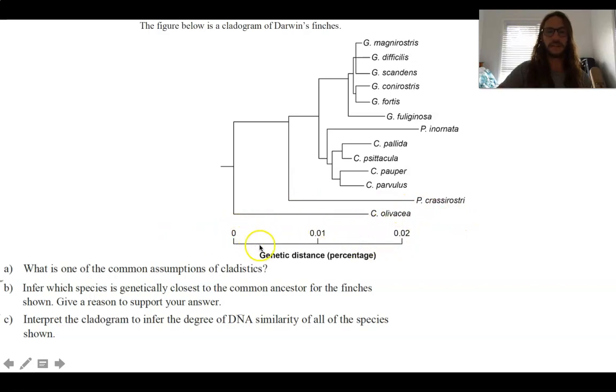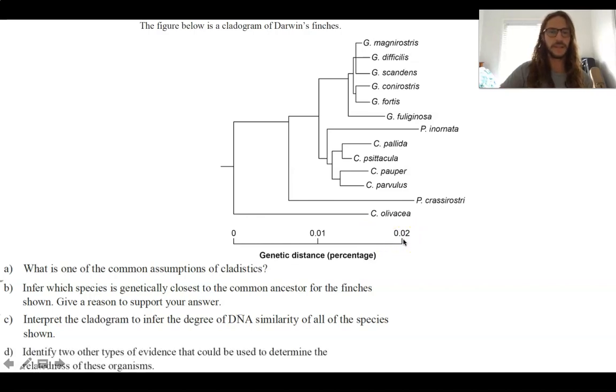So that question is asking you to refer to the values you were given here, 0 to 0.2. Remember, the further away, the bigger the number, the less they are related. And lastly, identify 2 other types of evidence that could be used to support this. Again, pause the video here and we'll go through it in class.